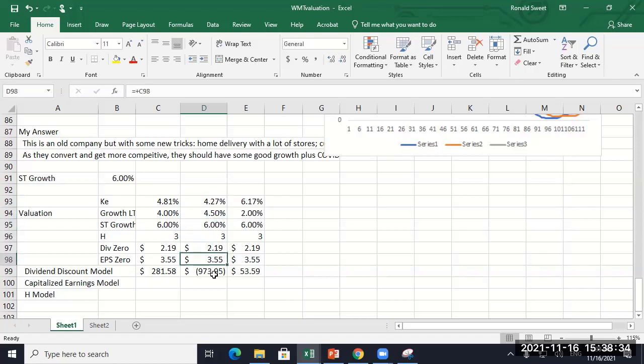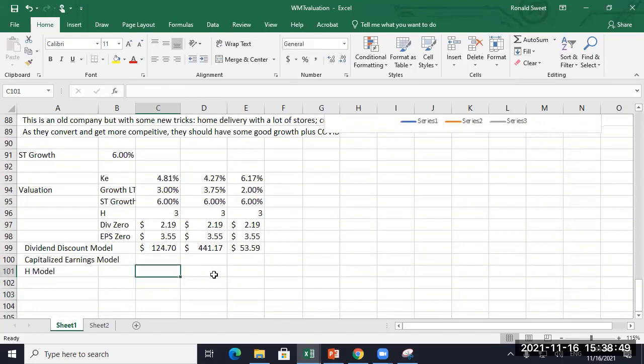So yeah, I'm just gonna leave that at 4. Why not do this? I'll do this at 3.5. I'll do this at 3, that at 3.75. So I'll do that. All right. Also, I got to go back and explain that earlier, but that's fine. All right, and then my capitalized earnings.